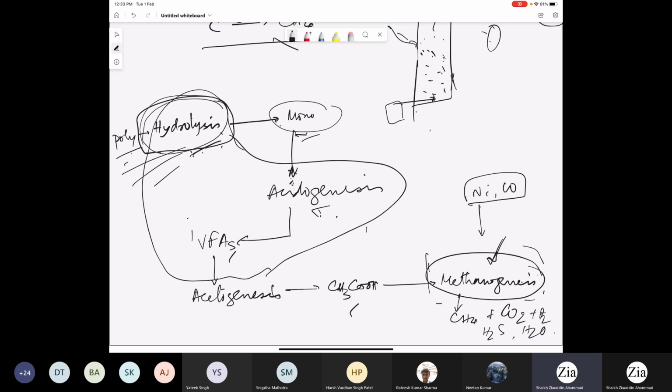Generally they prefer a pH in the range of 6.8 to 7.2. If you work with mesophilic conditions, they try to maintain the temperature at 37 to 45 degrees centigrade in the reactor to get good methanogenesis.